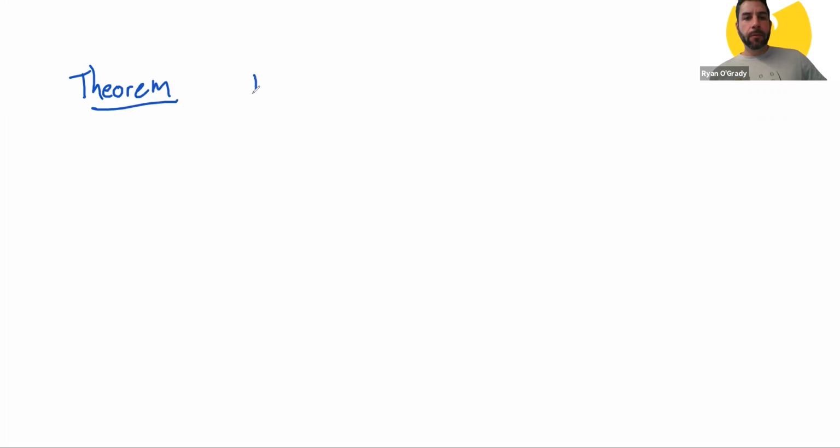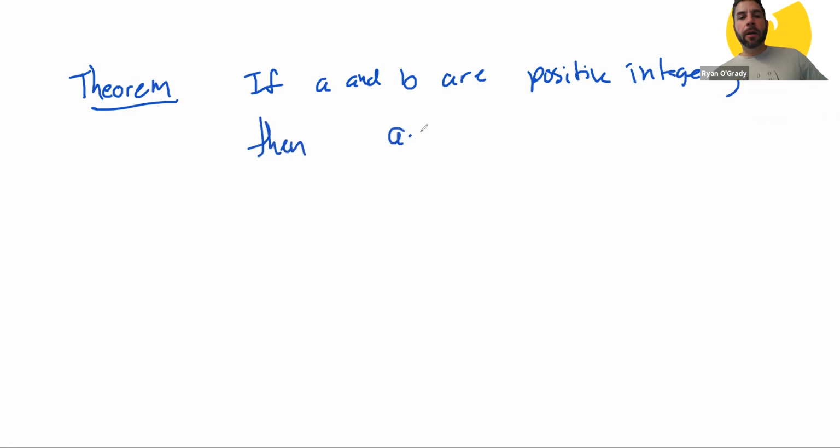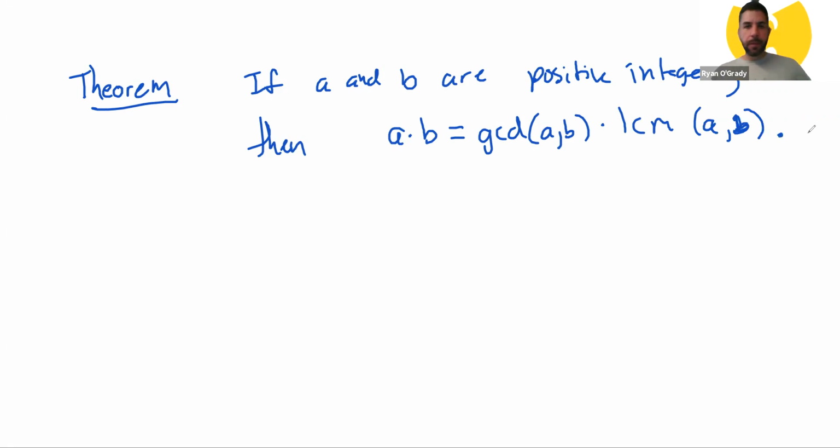Theorem: if A and B are positive integers, then their product, A times B, is equal to the GCD of A and B times the least common multiple of A and B. So you should verify that this is true.